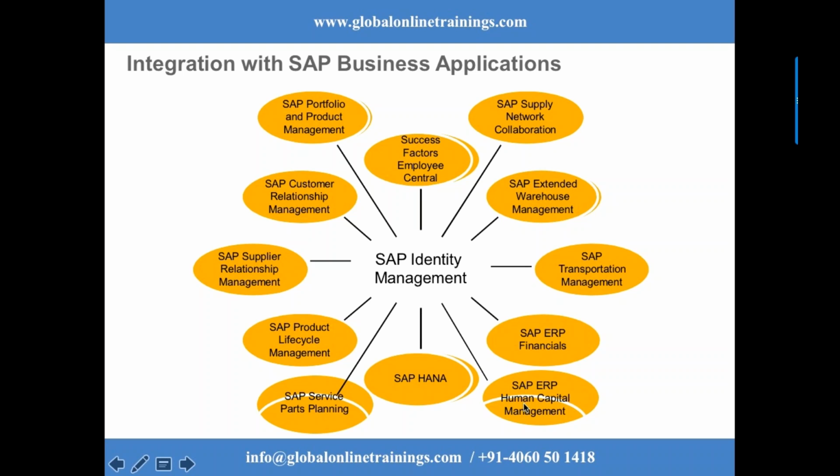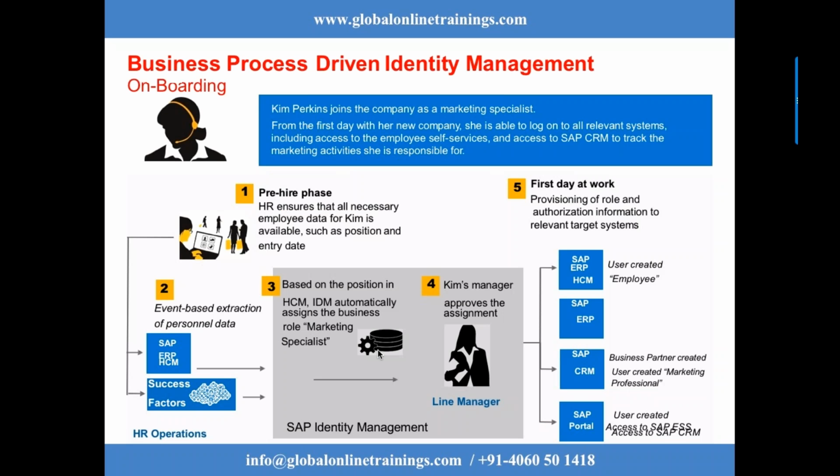So you have your business process identity management onboarding. We have talked about this in one of the previous slides, but we will cover it again. Kim Perkins joins the company as a marketing specialist. Phase one is Kim gets hired.